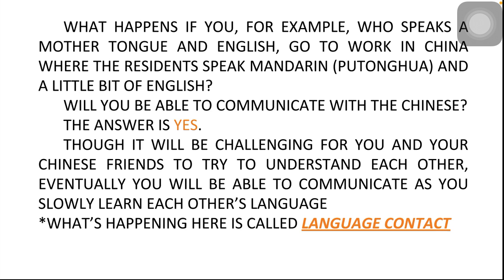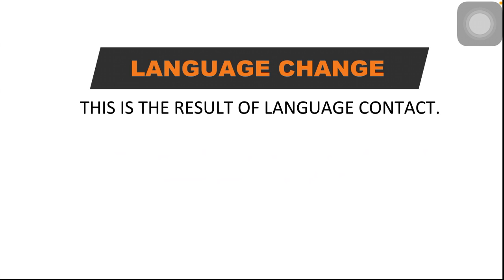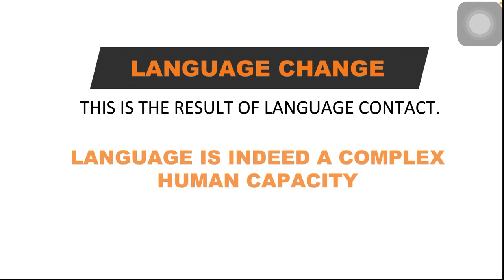So as you slowly acquire or learn their language, we call that language contact. Okay? So language change is the result of language contact. Remember that. So language is indeed a complex human capacity.